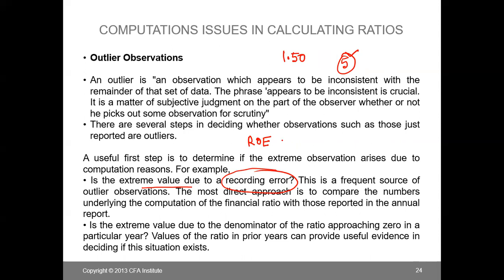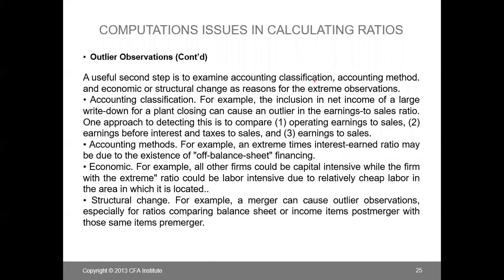You compare the ROE of the same company in the previous year, and you see that it was 0.3. And the ROE of that company in the next year, I mean this year, you see is 0.7. So you can easily understand that probably something is wrong, that something wrong happened that it has become 5. So you have to find out the reason.